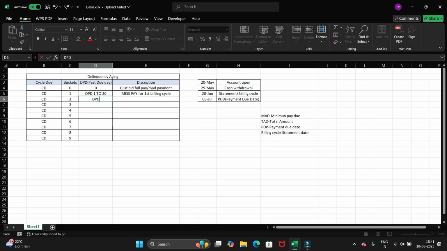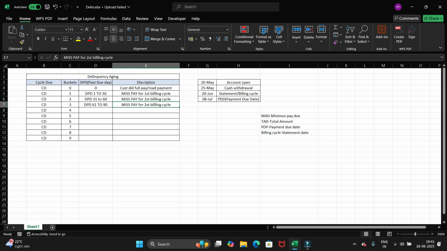Next DPD is from 31 to 60. That means the customer did not make payment for CD2 as well. Then DPD from 61 to 90, that is the customer did not make payment for the third cycle.